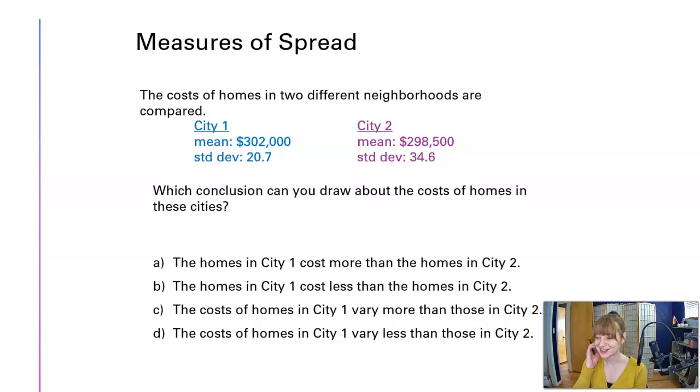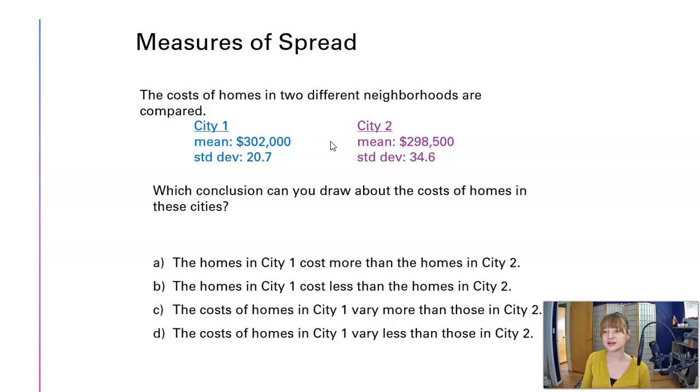So we had a problem like this on one of our quizzes, where we're comparing the mean and the standard deviation of two different cities. Here's the cost of homes in two different neighborhoods. We have a mean on City 1 of $302,000, and City 2 it's about $298,500.